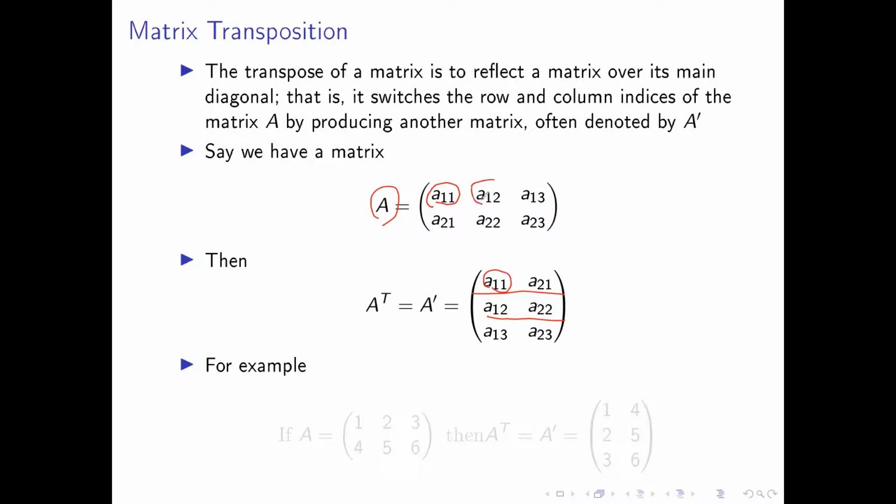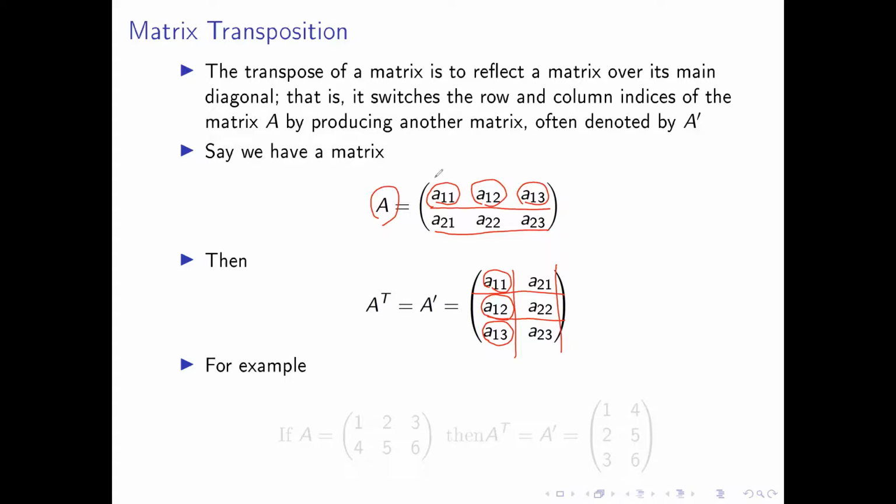Element A12 becomes the first element in row 2 of the transpose matrix, and A13, the first element in the 3rd column of the original matrix, becomes the first element in the 3rd row of the transpose matrix. So the first row becomes the first column in the transpose matrix, and the second row becomes the second column.